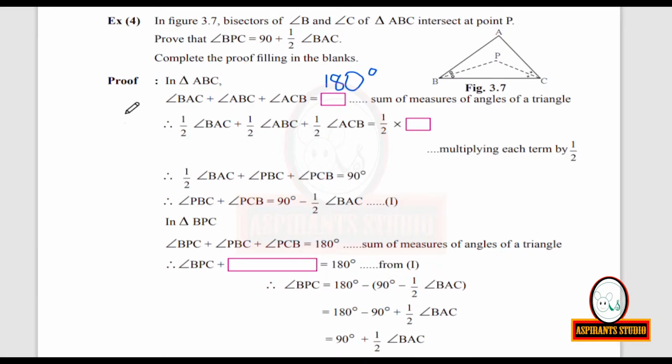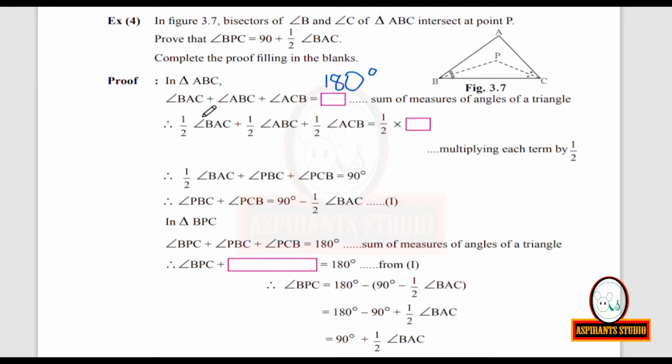Now in the final answer we want 90 degrees. So if you want to get 90 degrees, then what do we have to do? Here we have on the right hand side 180 degrees. Somehow we want 90 degrees. So divide throughout by 2, otherwise multiplying each term by half.